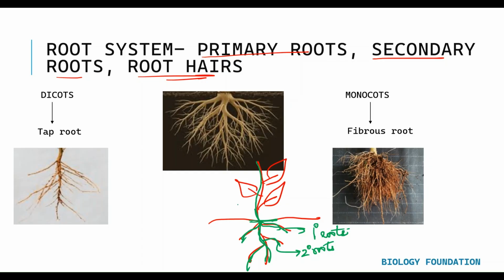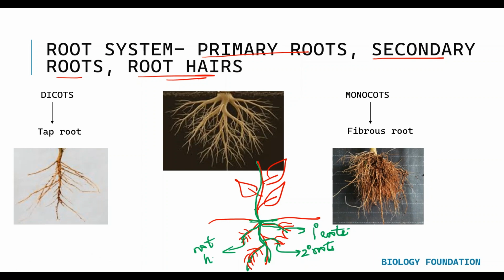They are called secondary roots. Apart from this, you can also observe the end parts of the primary and secondary roots. You can see small hair-like structures. The end parts of the primary root and even the secondary root have small hair-like structures, which constitute root hairs.